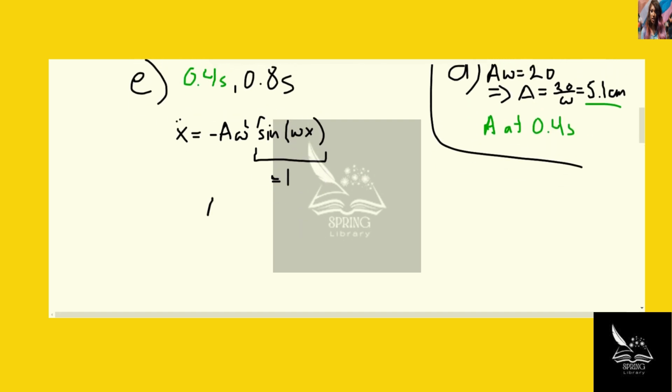And that means that the amplitude of the acceleration is A omega squared. And that's equal to, let's see, 78.77 centimeters per second squared.